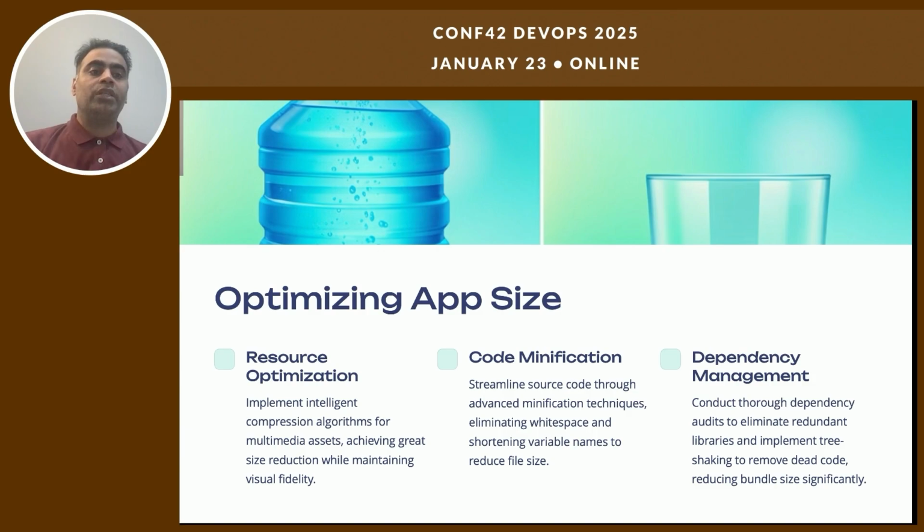Code minification. By streamlining source code through advanced minification techniques, removing unnecessary code, comments, extra space, unused variables, and removing the files which are not necessary, it makes the app leaner and faster. Dependency management.